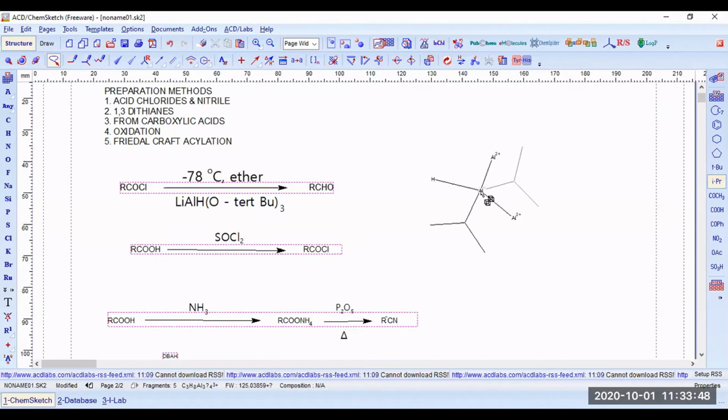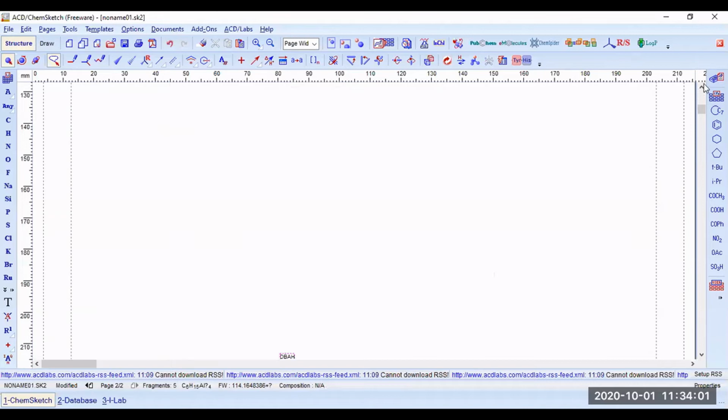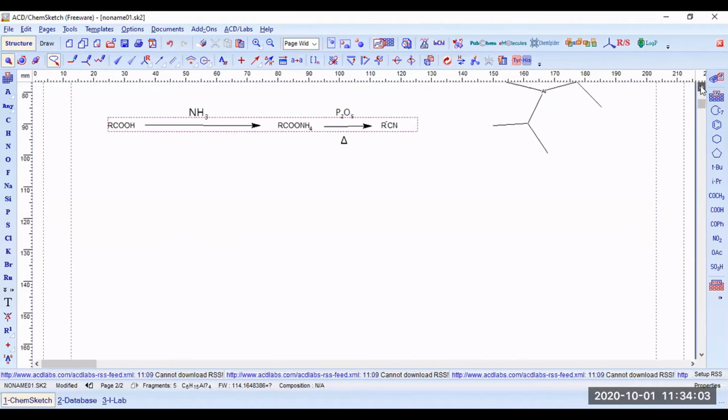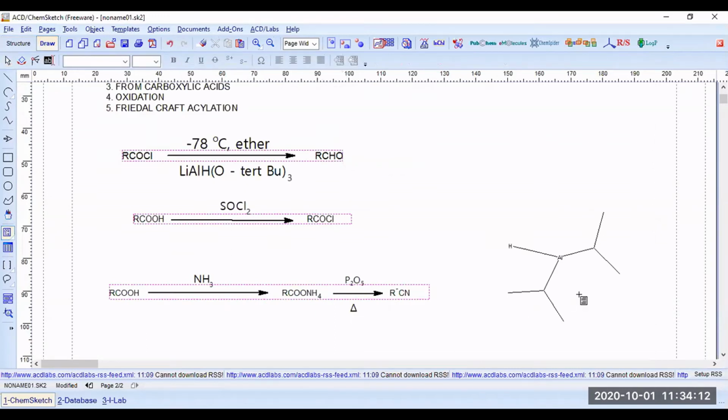This is what DIBAH is. With this DIBAH and alkyl nitriles, what will happen? The name of this reagent is DIBAH. You can write it in capitals.